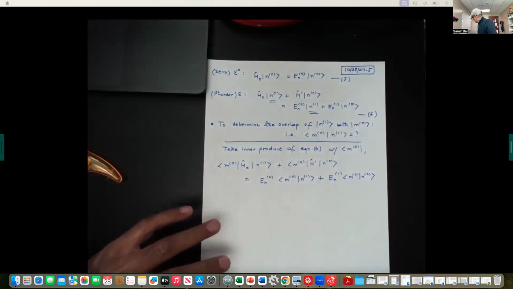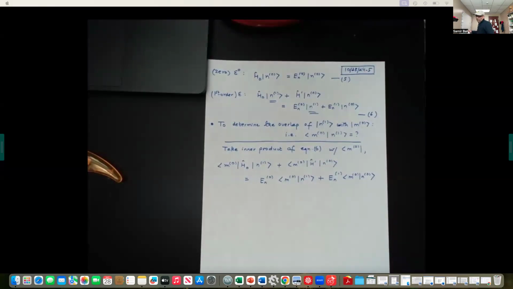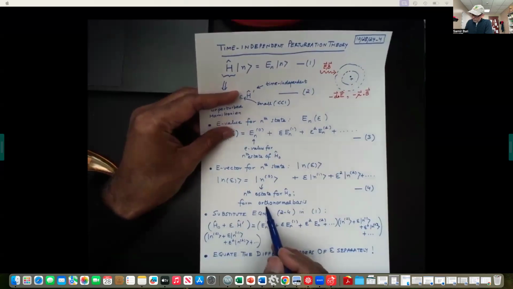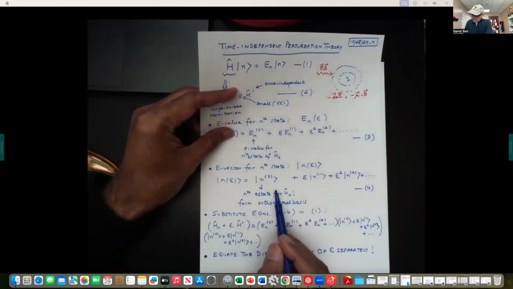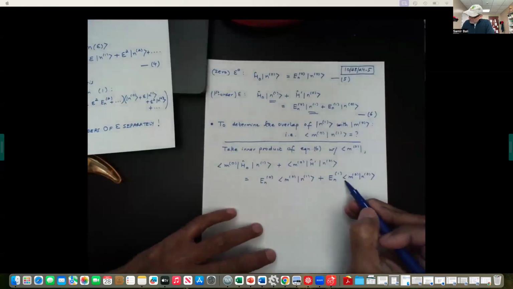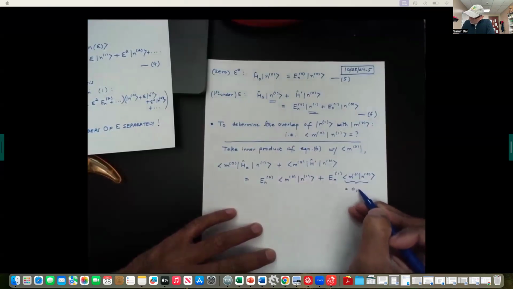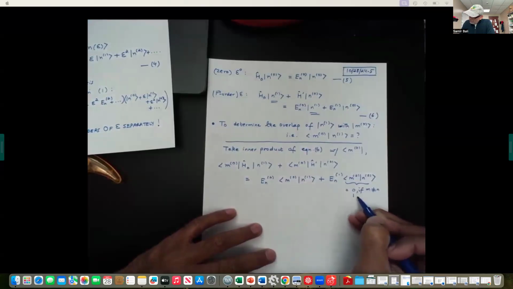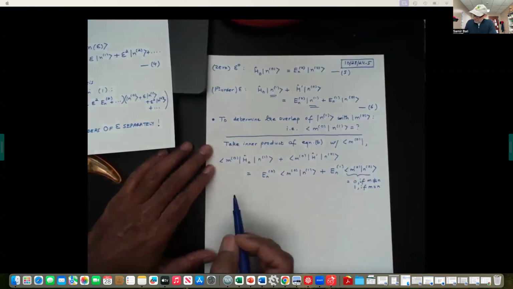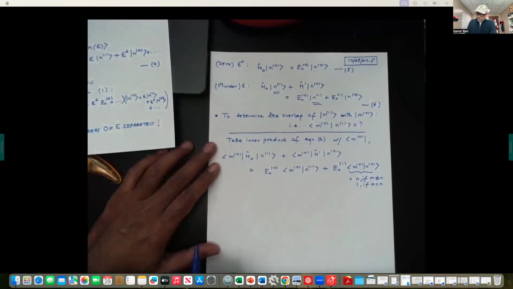Now remember we had said that the unperturbed eigenstates form an orthonormal basis. So this inner product is equal to 0 if m is not equal to n, and 1 if m is equal to n. So we'll have to look at these two cases separately.